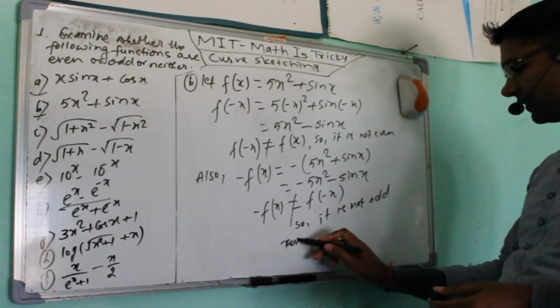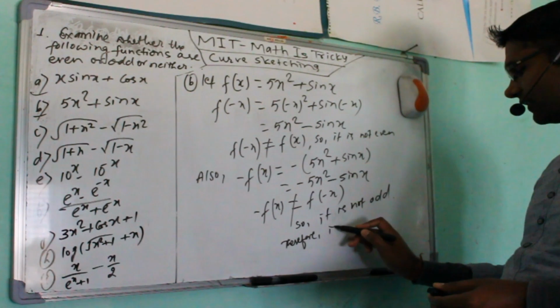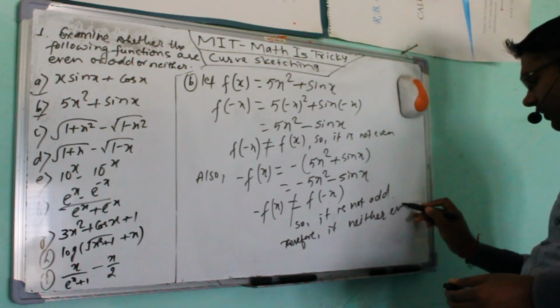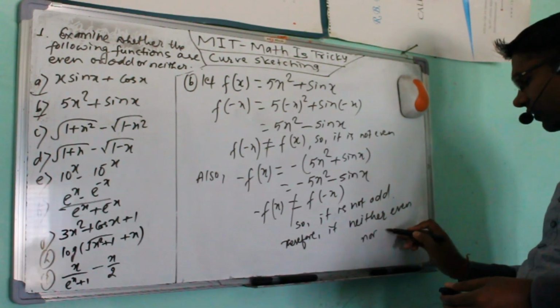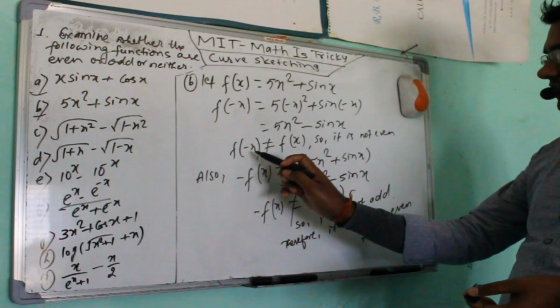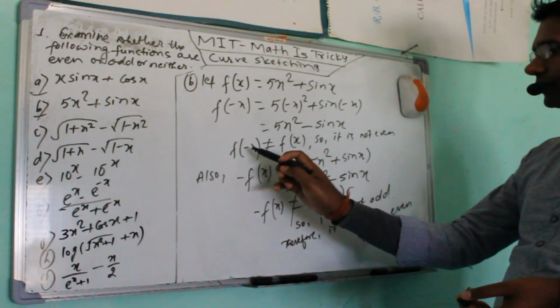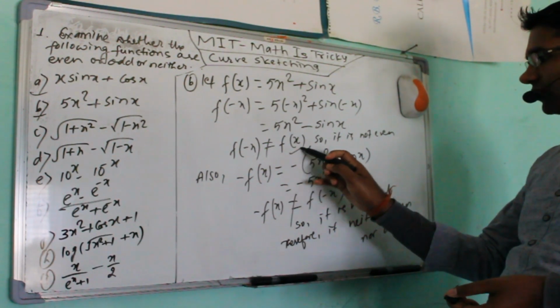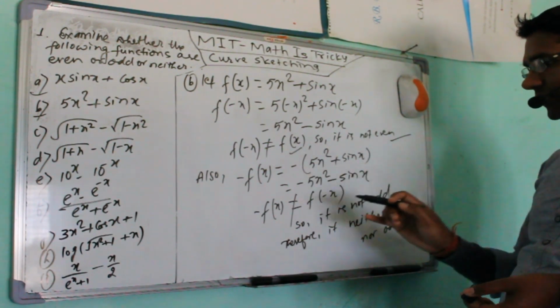Therefore it is neither even nor odd. To be even, f of minus x must be equal to f of x, but this condition is not satisfied, so it is not an even function.